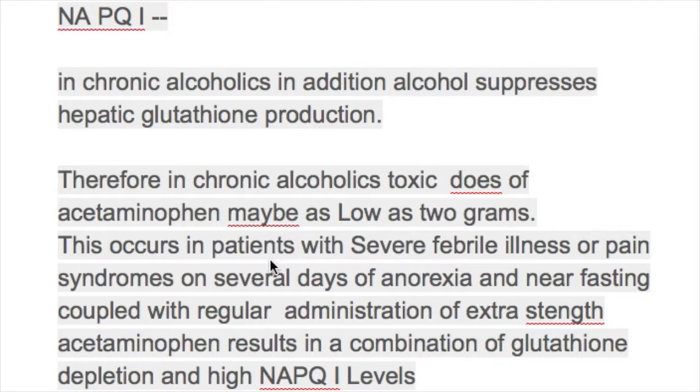This occurs in patients with severe febrile illness or pain syndromes, on several days of anorexia and near fasting, coupled with regular administration of extra strength acetaminophen. This results in a combination of glutathione depletion and high NAPQI levels.